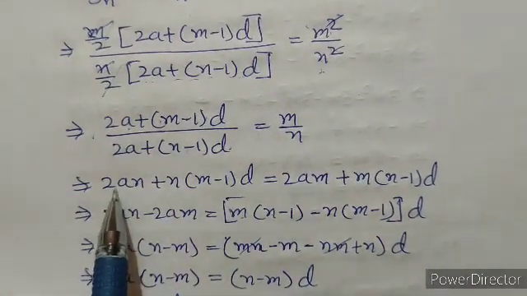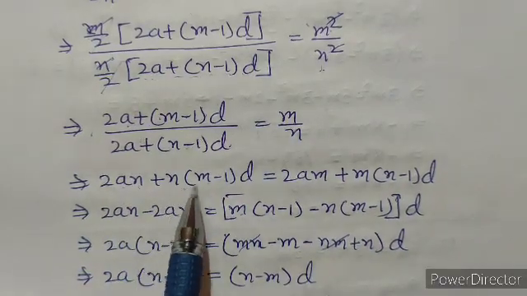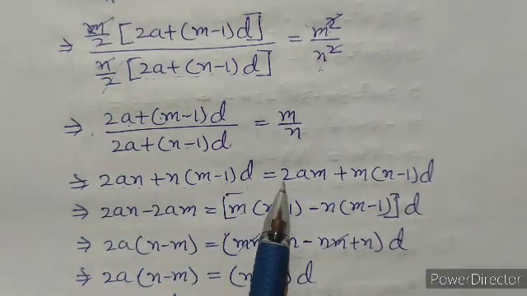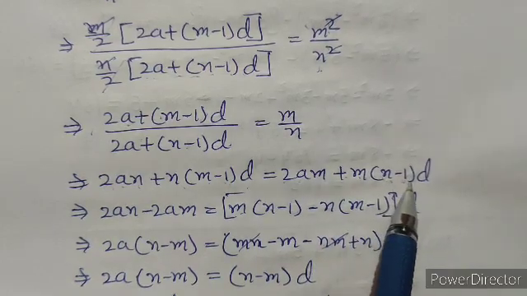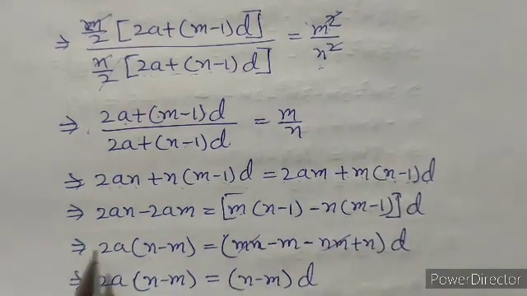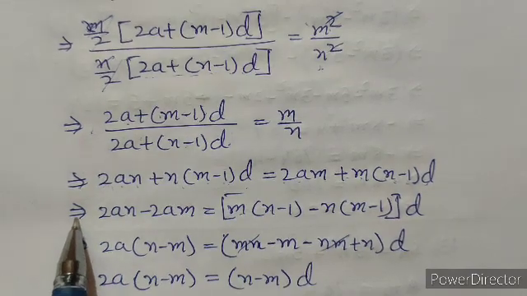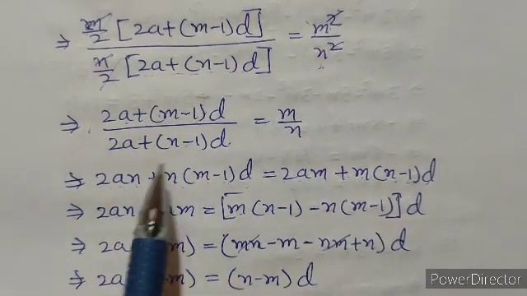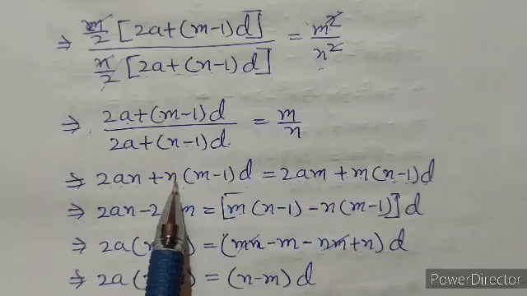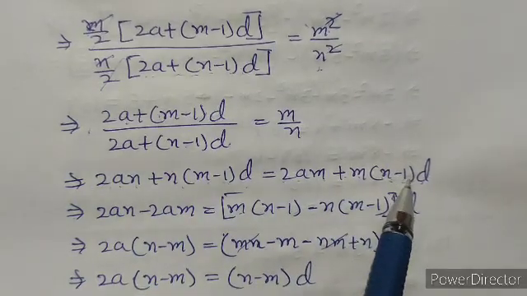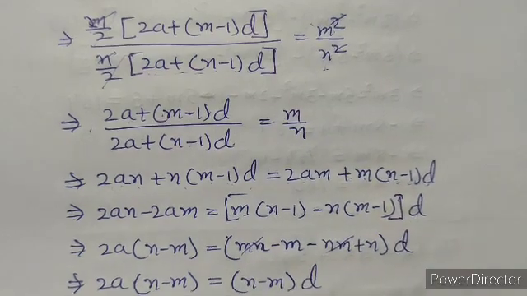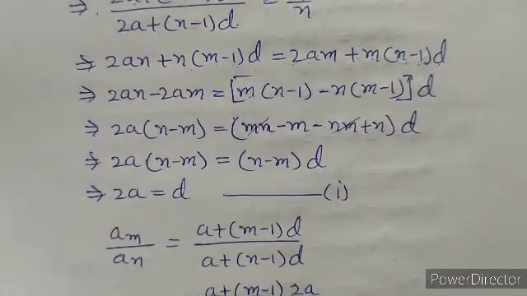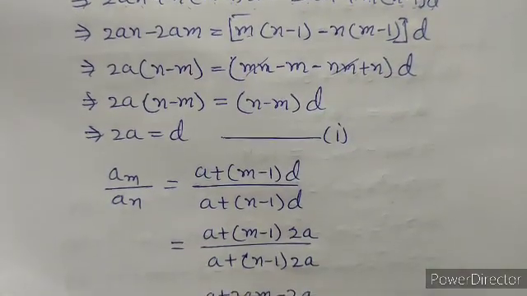Now this will be equal to 2an plus n into (m minus 1)d equal to 2am plus m into (n minus 1)d, and this will give us 2an minus 2am equal to m(n minus 1) minus n(m minus 1) into d, which on solving will give us 2a equal to d.